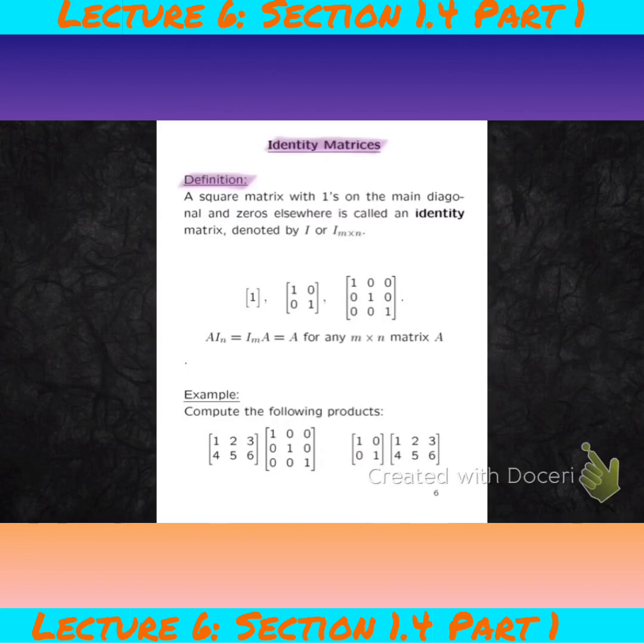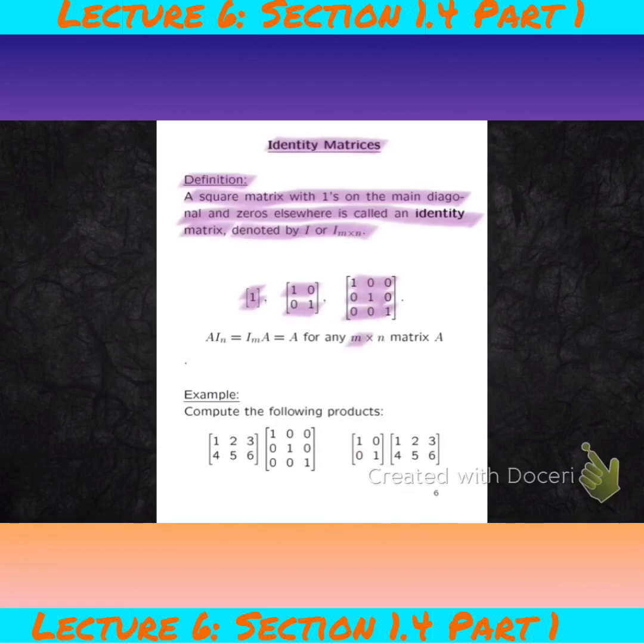A square matrix with 1s on the main diagonal and 0s elsewhere is called an identity matrix, and it's denoted either by I or I subscript m by n. Here are examples of identity matrices. You can see they're all square matrices.